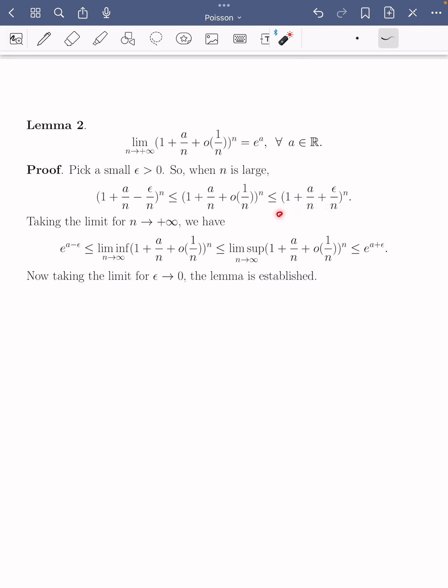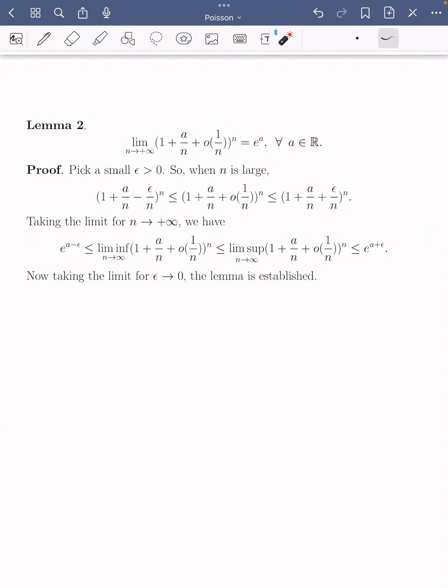The upper limit of this sequence is equal to e to the a plus epsilon. And now we allow epsilon to go to 0. So this term converges to e to the a, and this term converges to e to the a. So this implies that this limit converges to e to the a. So we finish the proof of Lemma 2.